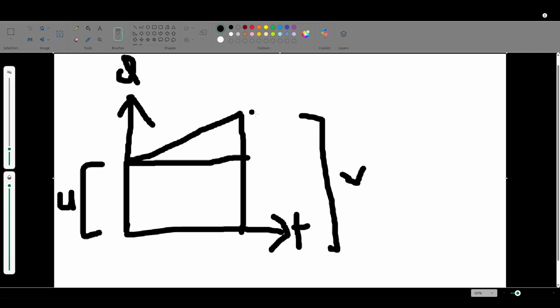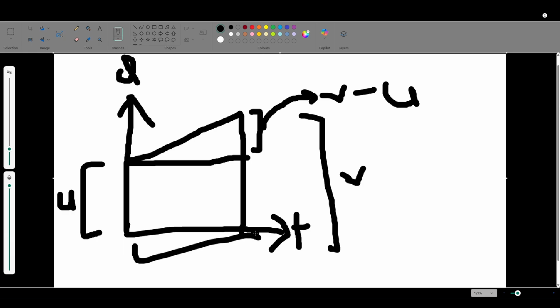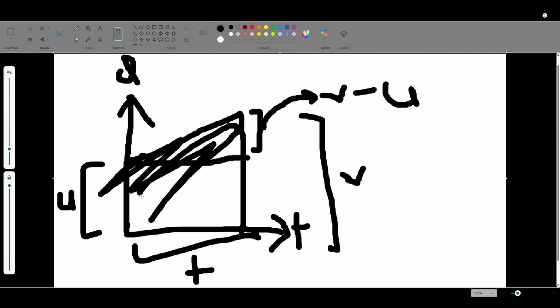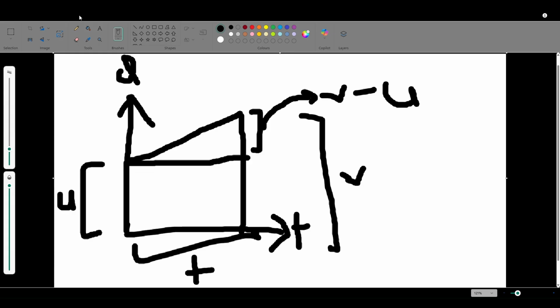And this here, you can guess, is v minus u, because this is v and we are subtracting u from it. This is obviously time, and everything under a distance time graph is distance, by the way, or displacement, but for simplicity we will say displacement here.